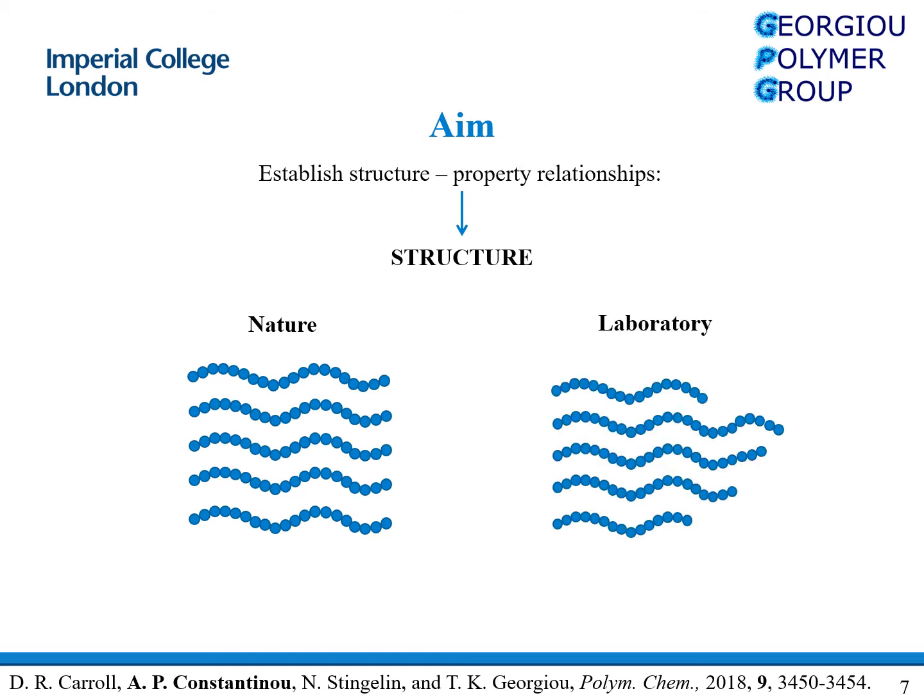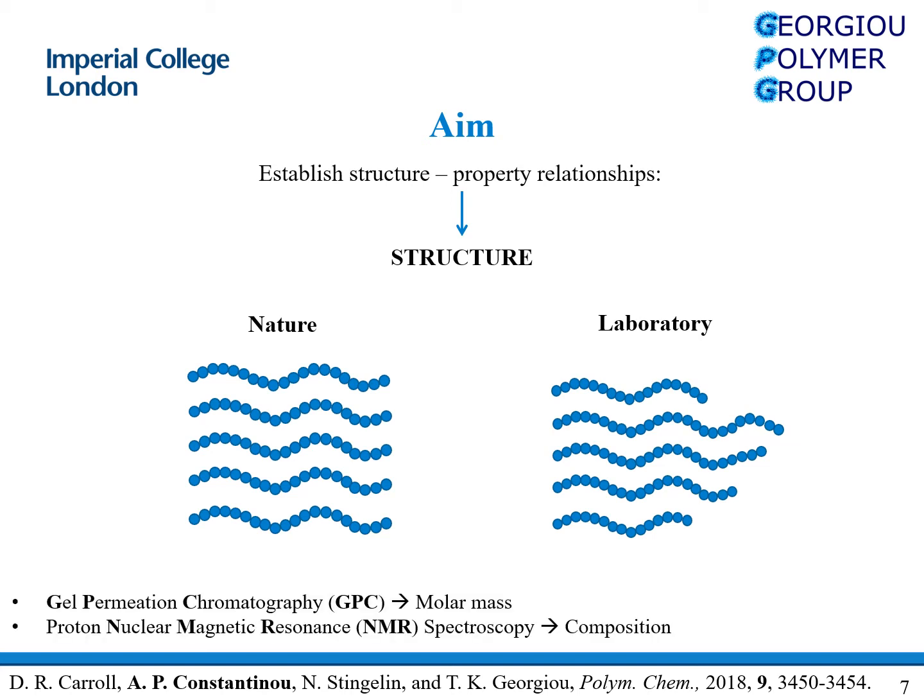However, in the lab, we always end up with a distribution of different polymer chains with different molar mass or different composition, and ideally we want these polymer chains to be as similar as possible. So after the synthesis, I confirmed the molar mass characteristics with gel permeation chromatography, or GPC, and the composition with proton nuclear magnetic resonance spectroscopy, NMR.